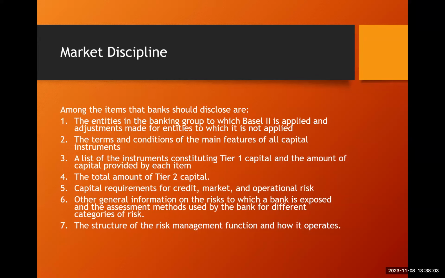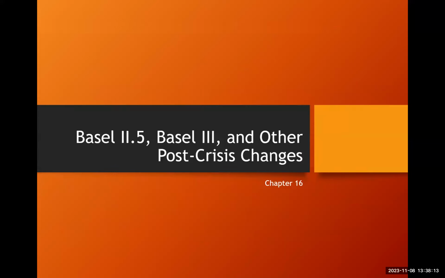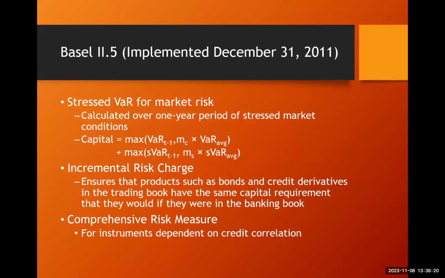With the housing market collapse, a lot of these ideas were revised in what is called Basel 2.5. So Basel 2.5 introduced these three main ideas. The stress VaR for market risk, that is the value at risk considering stressed conditions, which was what happened during 2007.